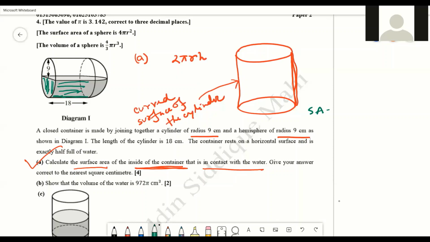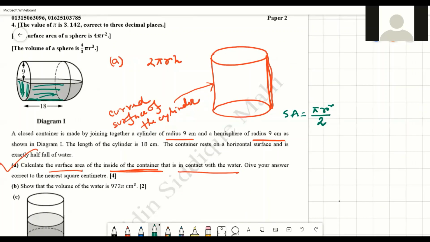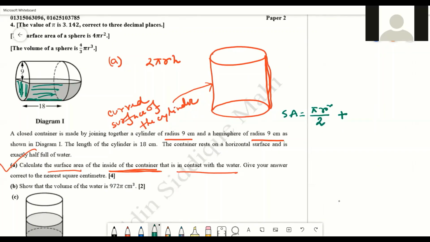The area of a circle is pi r square, and as it is a semicircle, I mean half circle, it will be pi r square by 2. Okay, next, the curved surface area of the cylinder. The curved surface area of a cylinder is 2 pi RH, or 2 pi r L. L or H means the length or height of the cylinder.